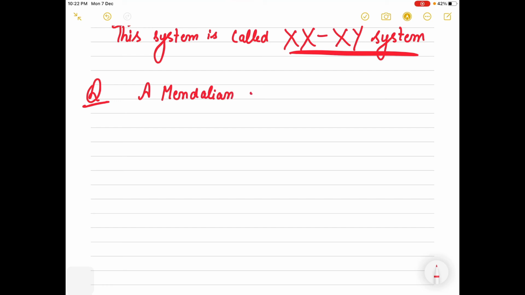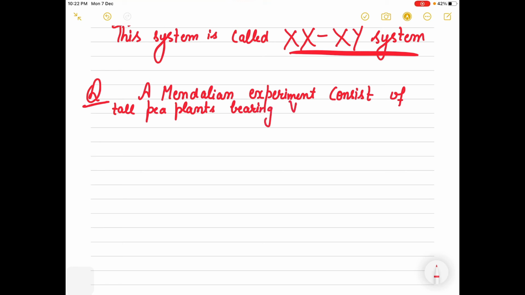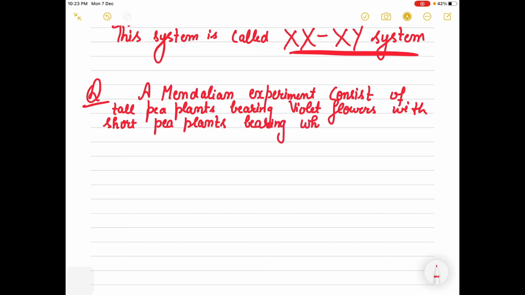Mendel did an experiment which consisted of tall pea plants bearing violet flowers crossed with short pea plants bearing white flowers. Means tall with violet flowers, and short pea plants with white flowers.